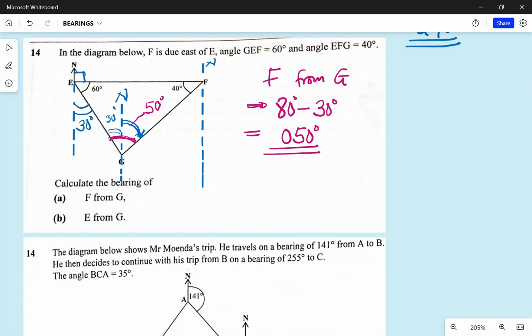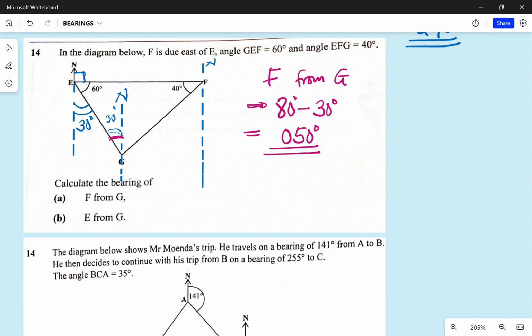Okay, the next bearing that we have been told is E from G. E from G means from the north of G to the arm of E. Which bearing are we looking at? Let me just clear this a bit. Let's preserve our north.